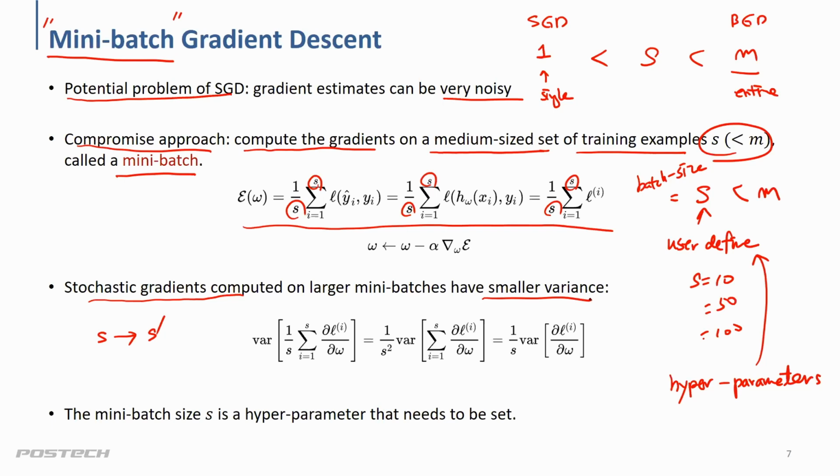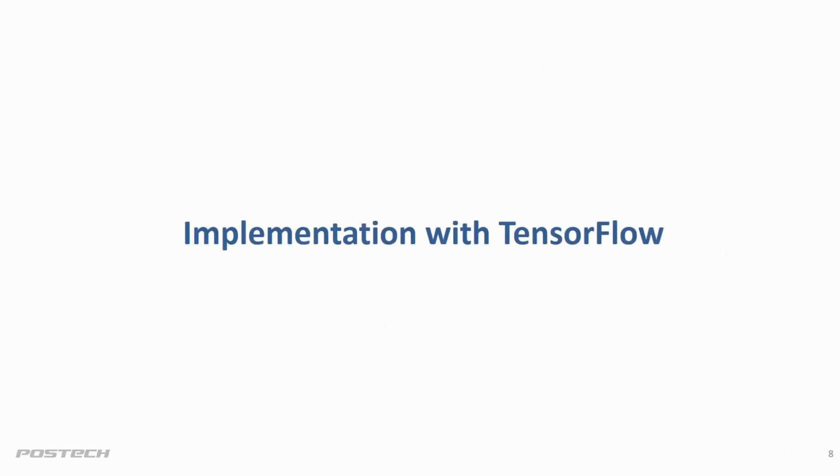This is very intuitive. The mini batch size S is the hyperparameter that you need to set. It's a compromise approach to overcome the drawbacks of the stochastic gradient and batch gradient descent methods. Let's implement this and see what kind of effect you can observe.